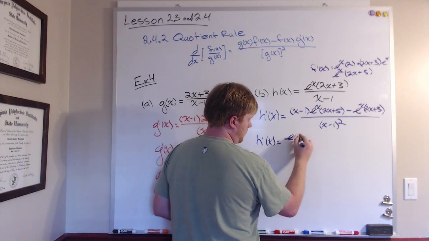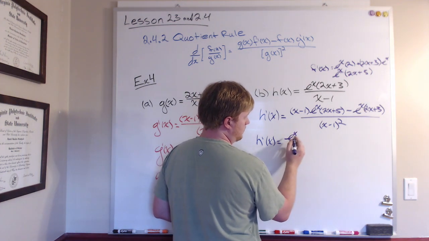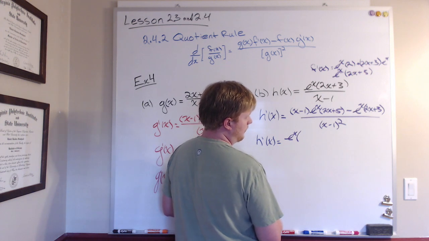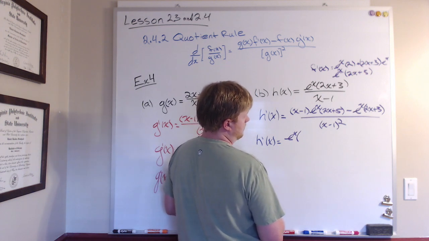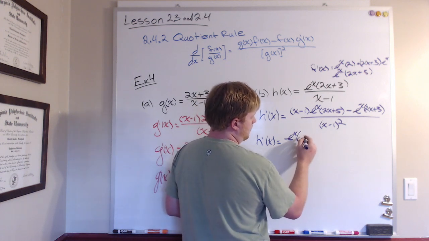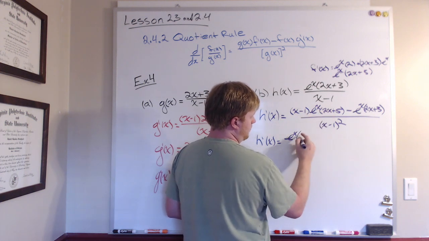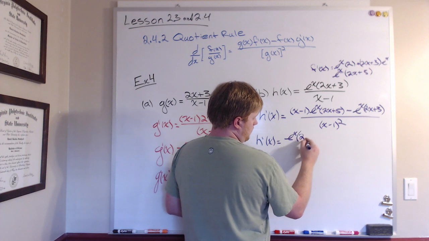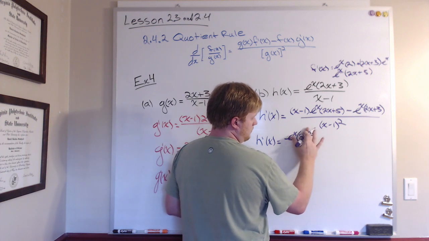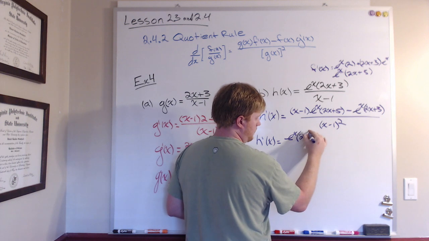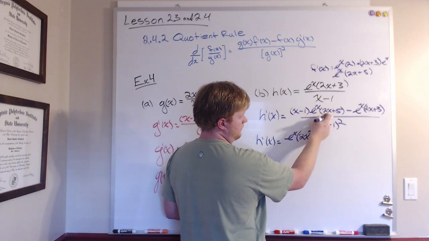Now let's clean things up just a little bit. And we can pull an e to the x out. Let's see. There's not much else I can do. I could expand this. Get 2x squared, right?